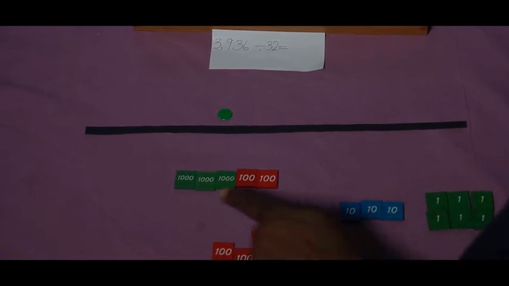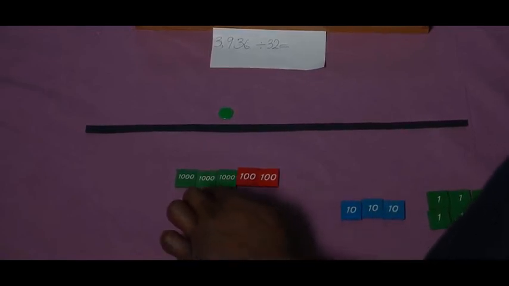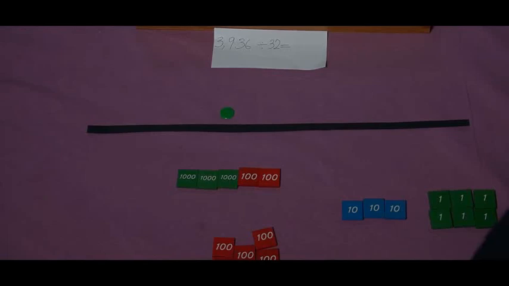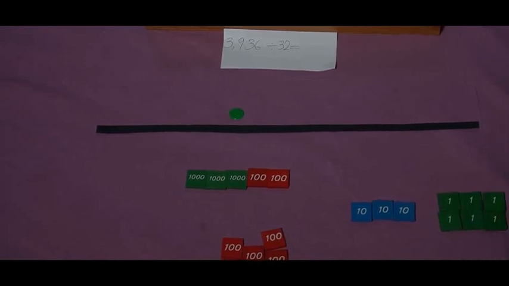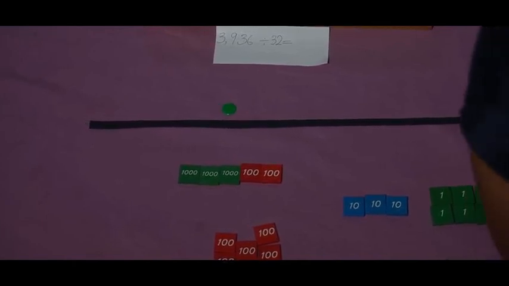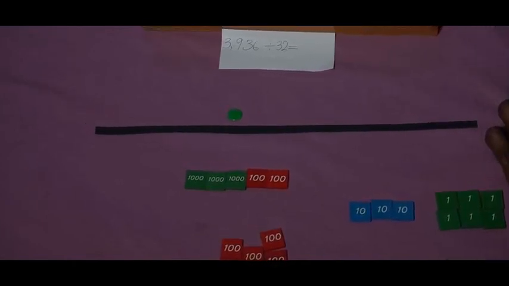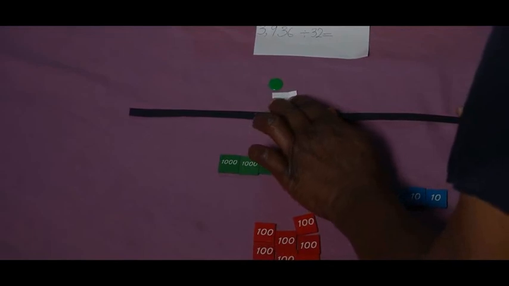So I can only make one group. I can only make one group of 32 hundreds. So I'm going to write that down. So in my hundreds category, I can only make one group of 32 hundreds.